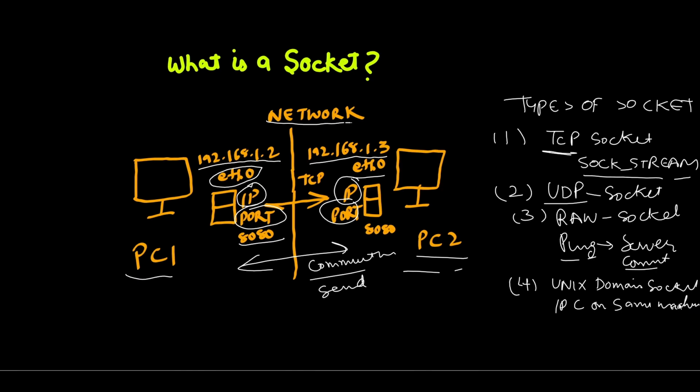All the above types are used for communication through the network, so they have TCP and UDP headers included, but the Unix domain socket helps in IPC on the same machine, and it's pretty fast. It skips the UDP and TCP stack that is added by the kernel, so it's pretty fast because of that.